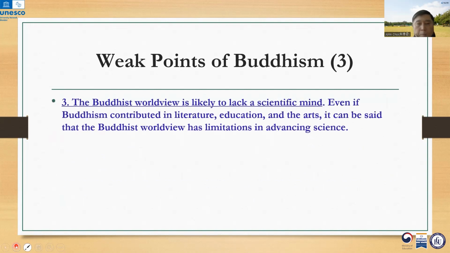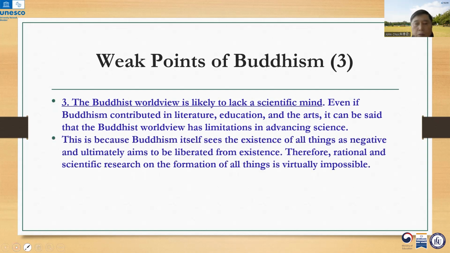Number three, this Buddhist worldview is likely to lack a scientific mind. Even if Buddhism contributed in literature, education, and the arts, it can be said that the Buddhist worldview has limitations in advancing science.